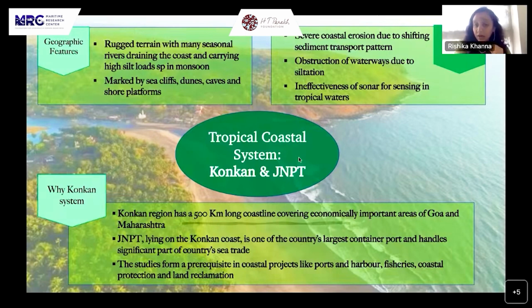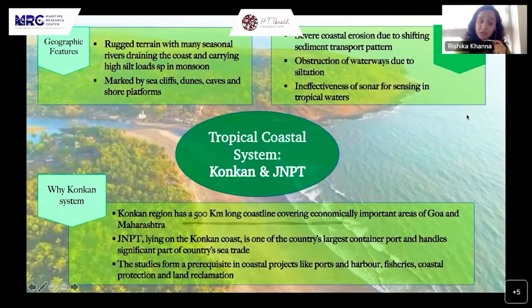Now, the problems which high level sediment transport poses in the coastal system are severe coastal erosion due to shifting sediment transport patterns, obstruction of waterways and port channels due to siltation, and ineffectiveness of sonar for sensing in the tropical waters.